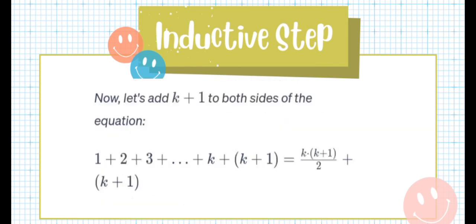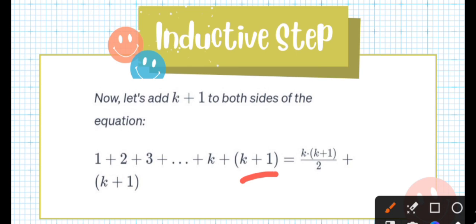So let's proceed to our k plus 1. Now let's add k plus 1 to both sides of the equation. As you can see here, we will just be adding the k plus 1 on both sides of the equation.